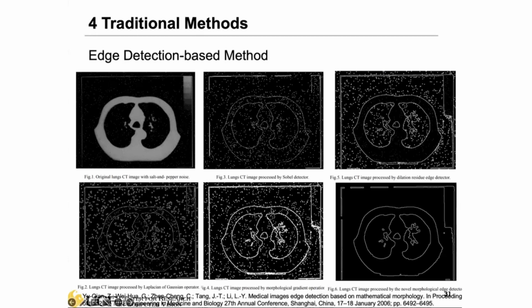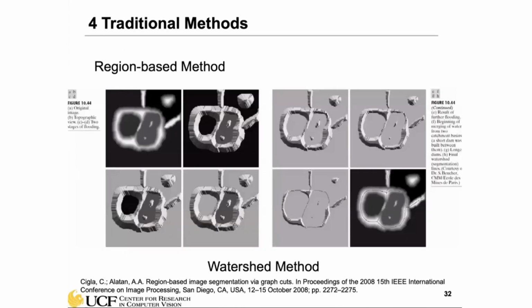Then we can use morphological filters to connect these disconnected edges into more unified or coherent edges. And in this case, we can also do the segmentation. So that's the edge detection-based method.